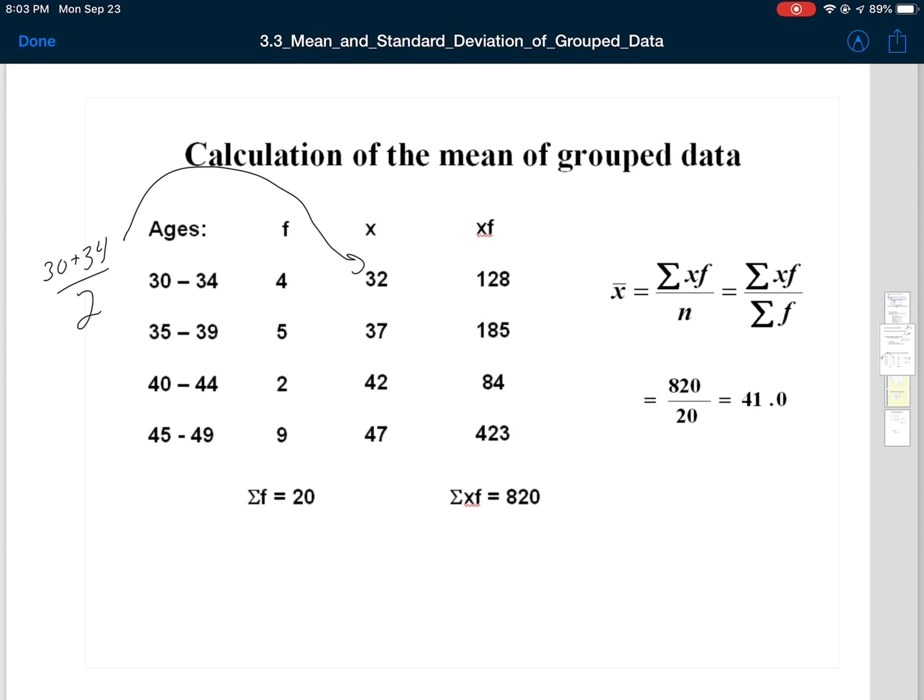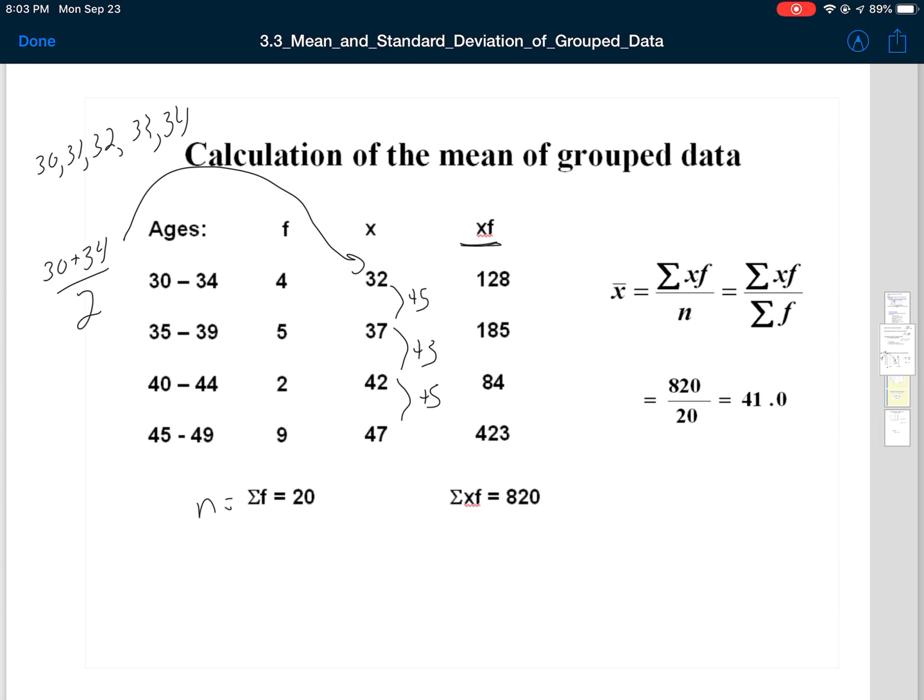I noticed this, though, that 30 to 34 is 30, 31, 32, 33, 34. That means my class size is 5. So I can get my next midpoint by just adding 5, adding 5, adding 5. And the sum of the frequency would be 20. There's 4, 5, 2, and 9. Just add those up.